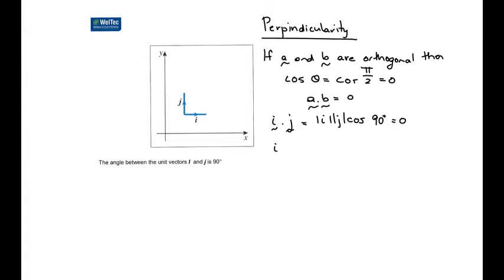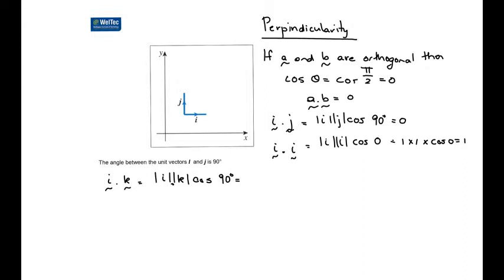Let's have a look at i dot i. It would be the length of i times the length of i times the cosine of the angle between them, which must be 0, which would be 1 times cos 0, which would equal 1. Let's look at i dot k. It's the length of i times the length of k times the cosine of the angle between them, which would again be 90, which would be 0.